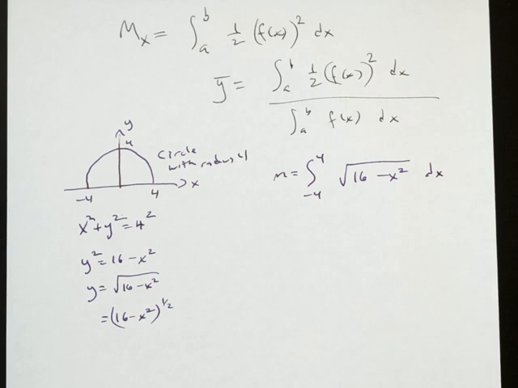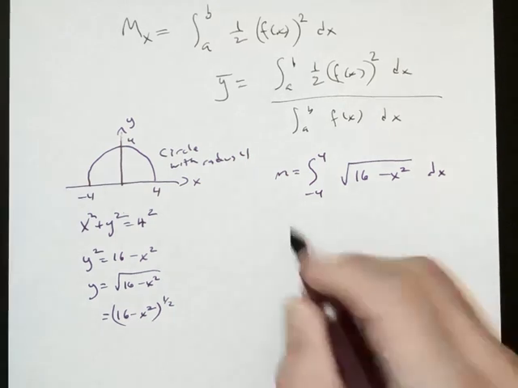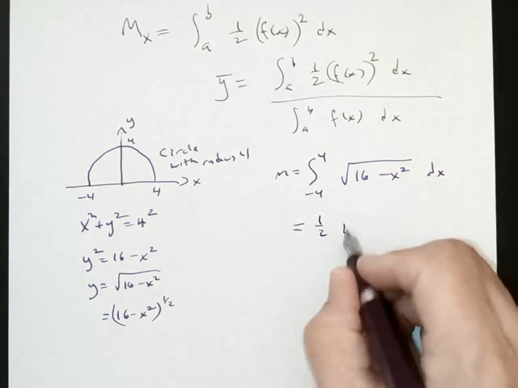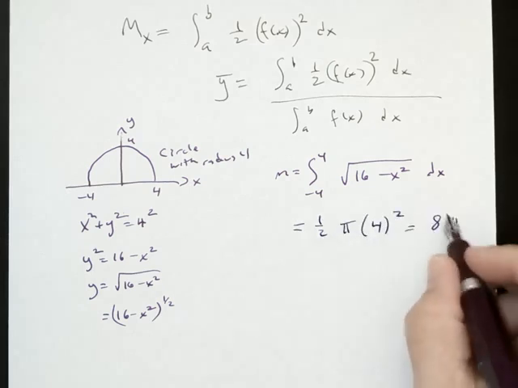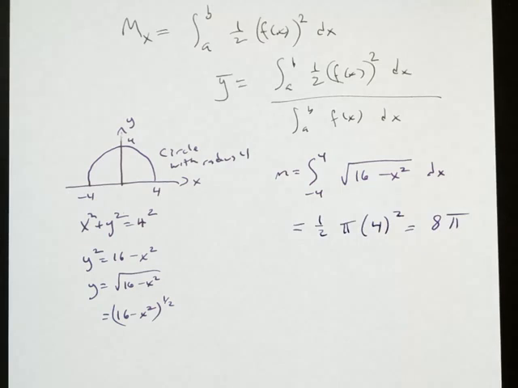What's the formula for the area of a circle? Pi r squared. And I want half of it. I don't have to do the calculus. 1/2 pi r squared. Oh, good. Whew. Okay, now I know the mass.